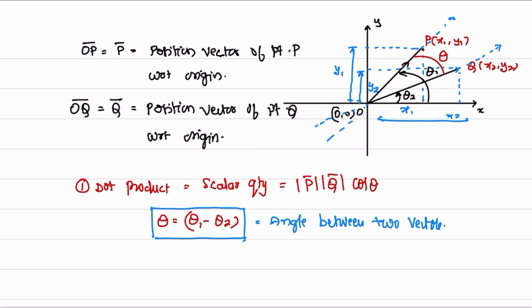If theta is the angle between two vectors, then the dot product is defined as the magnitude of P into the magnitude of Q into cos theta.